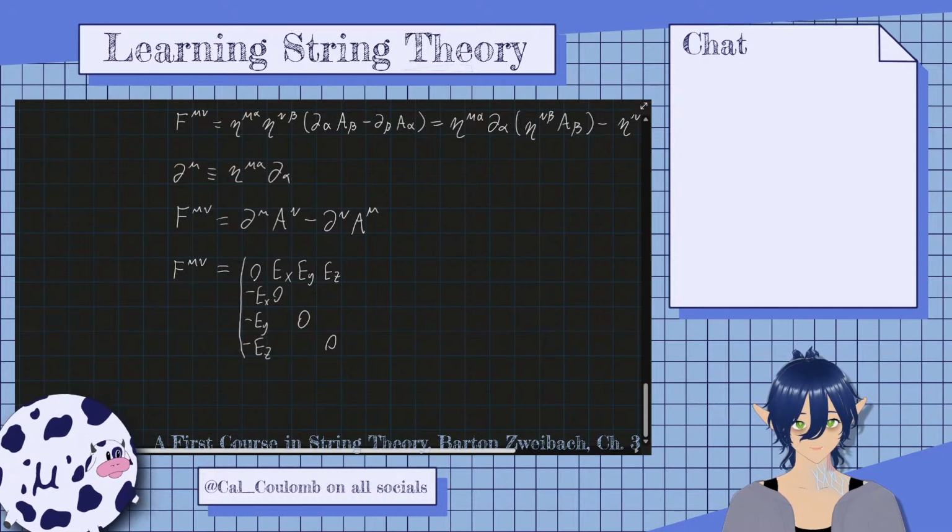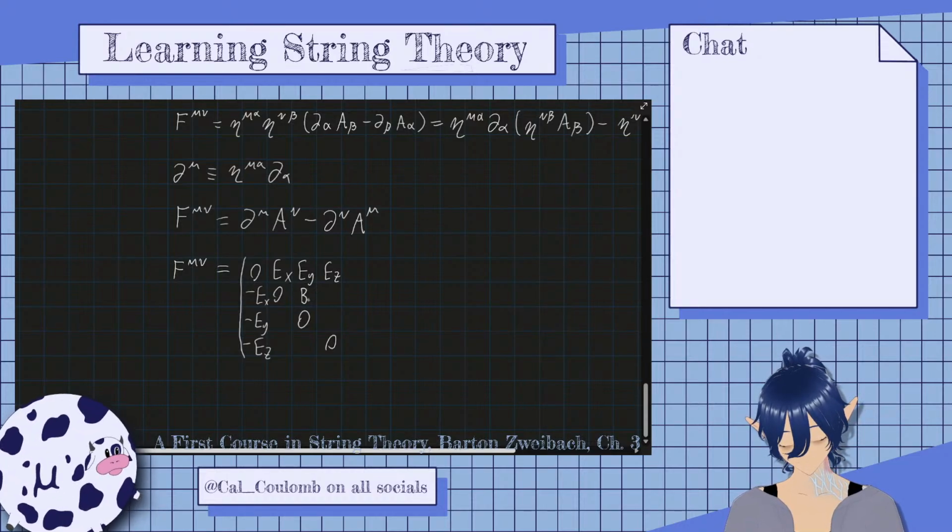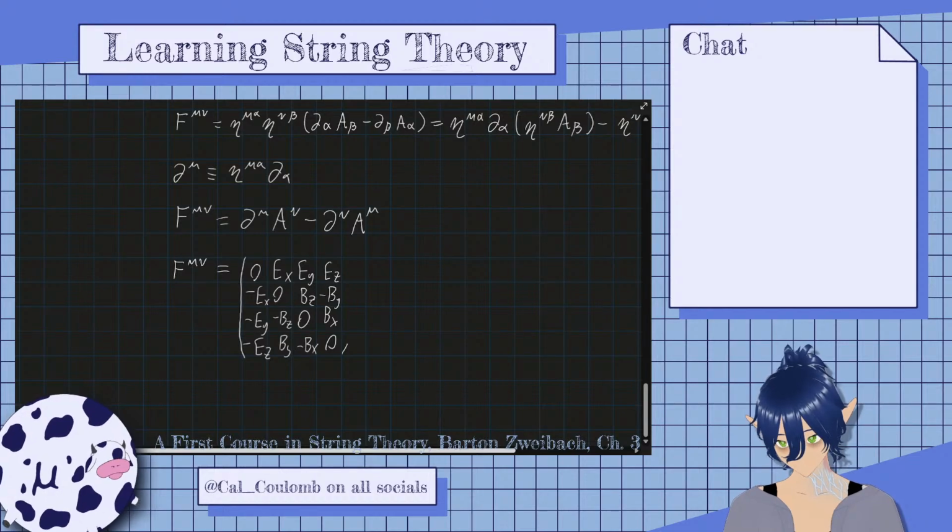And then we have the same magnetic field components, so Bz, minus By and Bx, minus Bz, By, minus Bx.